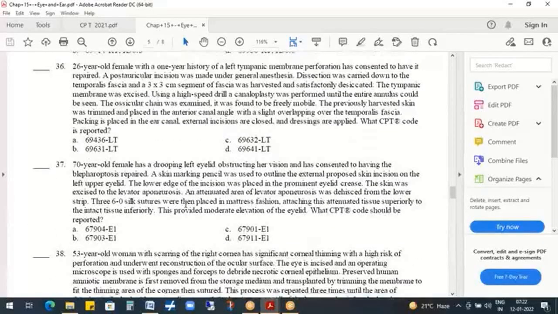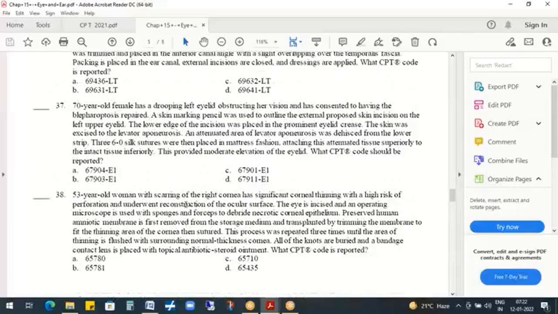37 and 38. Now, blepharoptosis of left upper eyelid, all are even modifier only. Aponeurosis dissection. What is your answer?